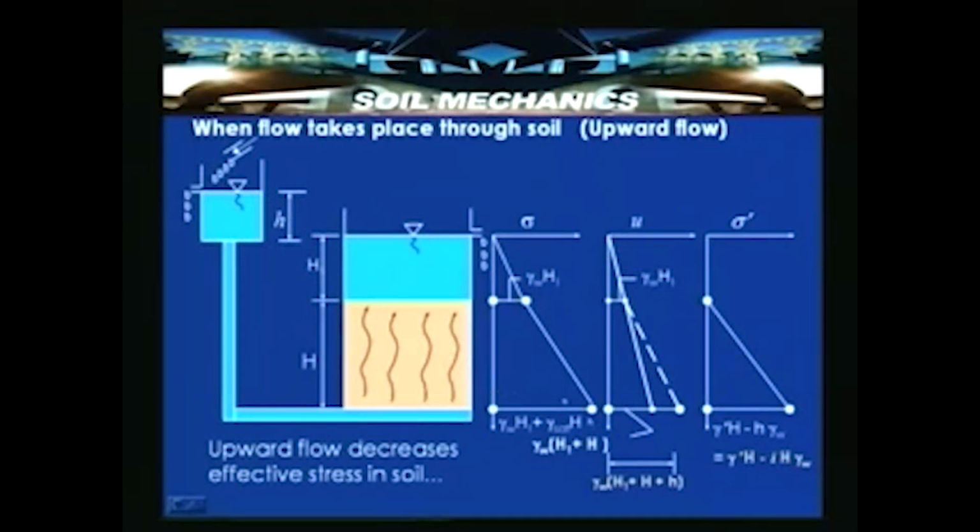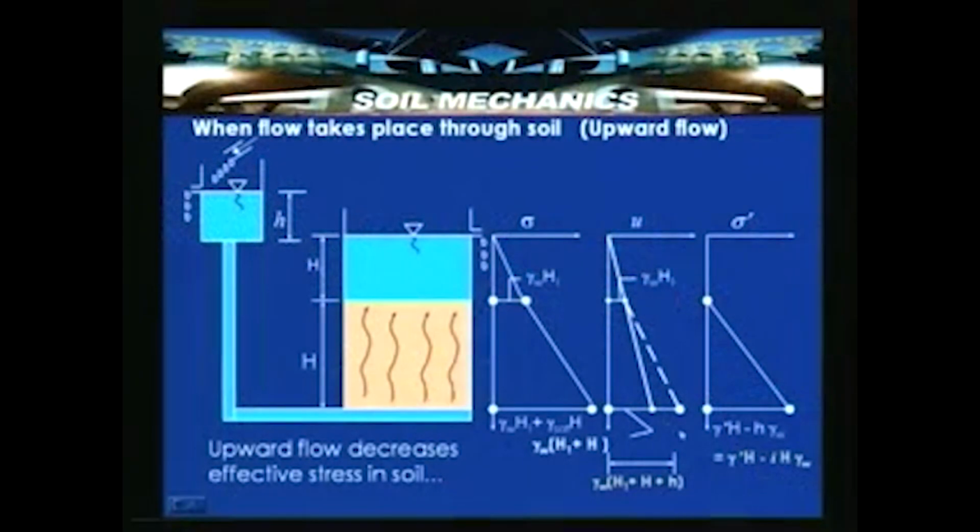In the process, there will be a decrease in the pore water pressure compared to the no flow condition. When you take the difference of total stress and pore water pressure, there will be a decrease in the effective stress.